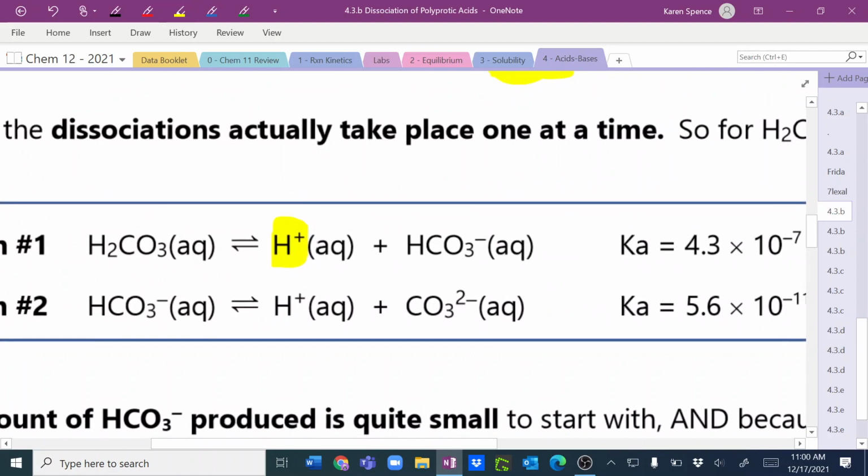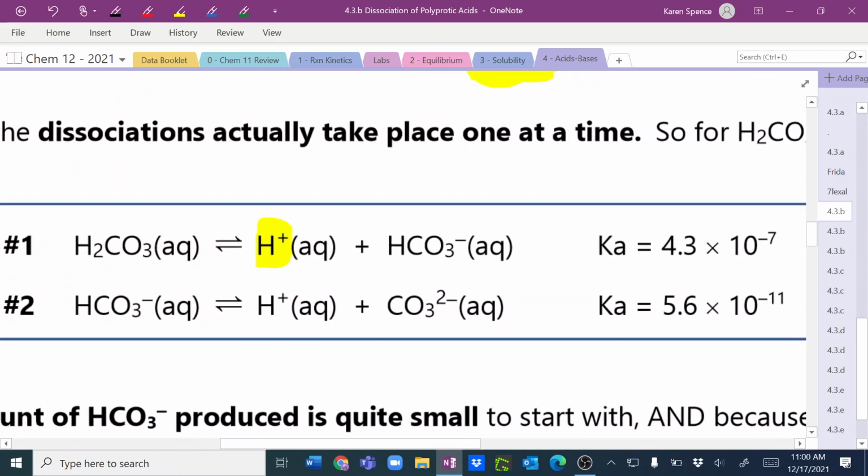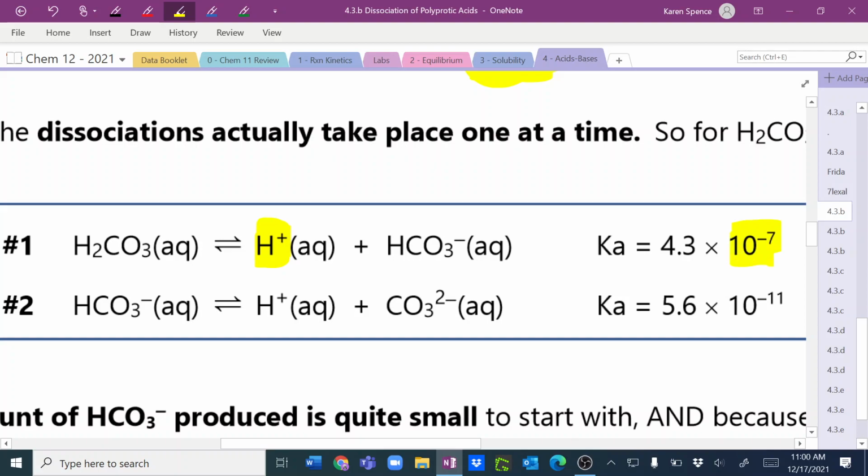So that's dissociation number 1. And you'll notice it has a Ka with a value of 10 to the minus 7. The second dissociation, where the second hydrogen comes off and you're left with CO3 2 minus, its Ka value is much smaller. It is 10,000 times smaller, a power of 10 to the 4 times smaller. So the amount of hydrogen produced by the second dissociation is so small that we just ignore it.